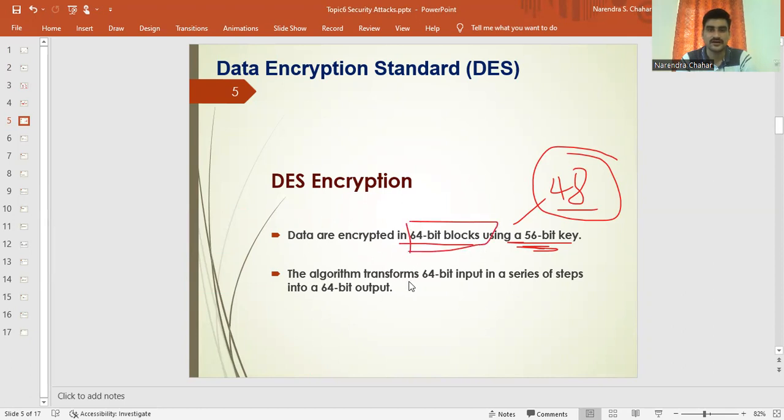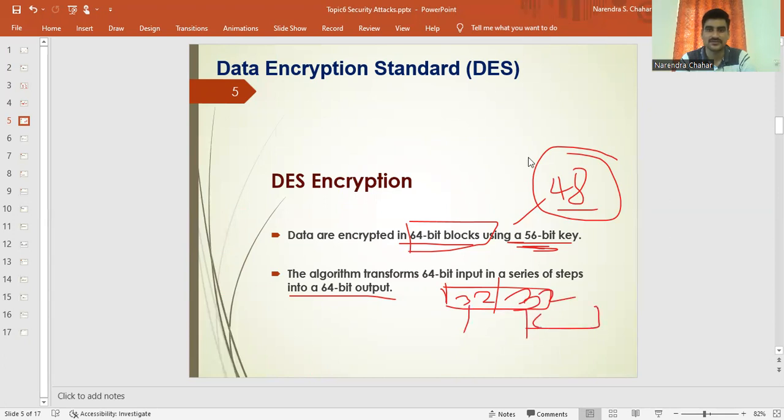Then the algorithm transforms the 64-bit input in a series of steps into a 64-bit output. There will be a number of steps where we take the plain text, which is 64-bit, and divide it into 32 and 32, and then some mathematical operations are applied, and then the key is applied.